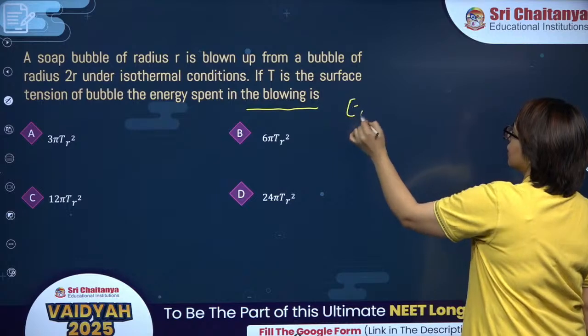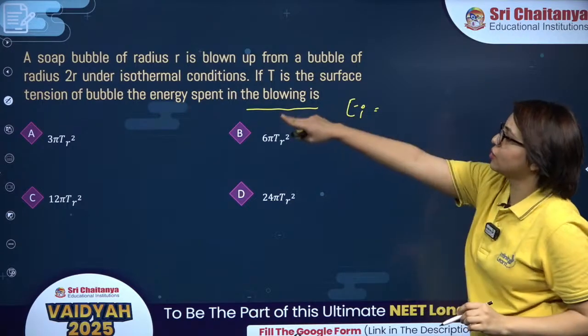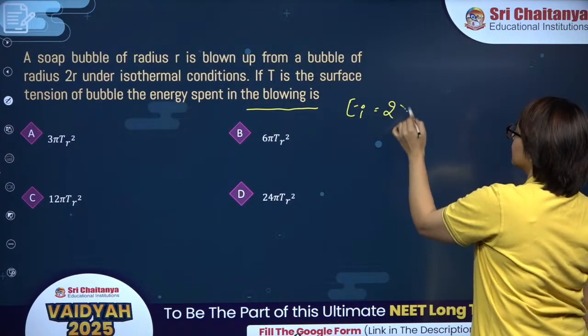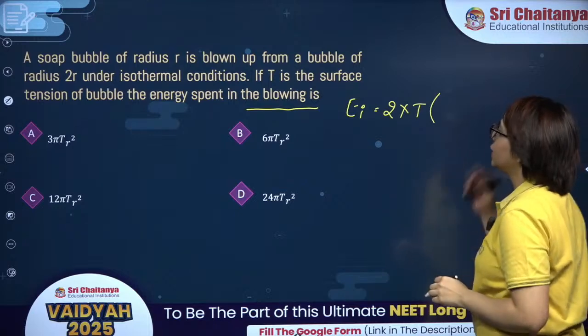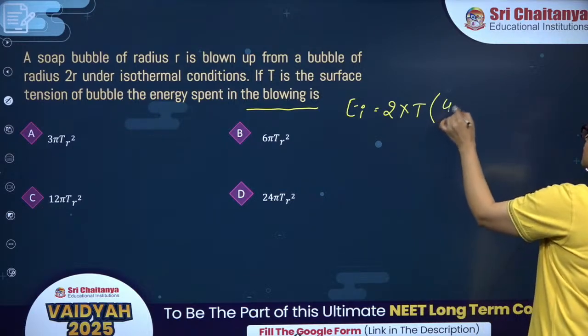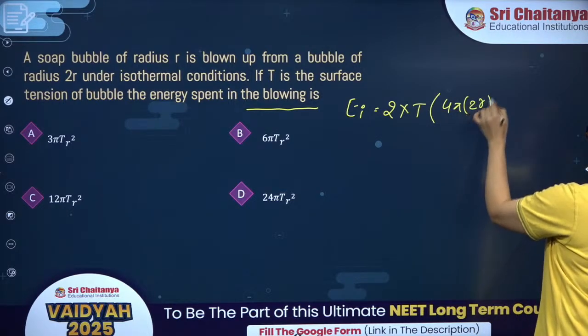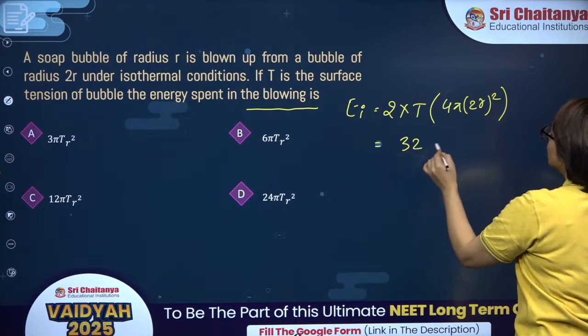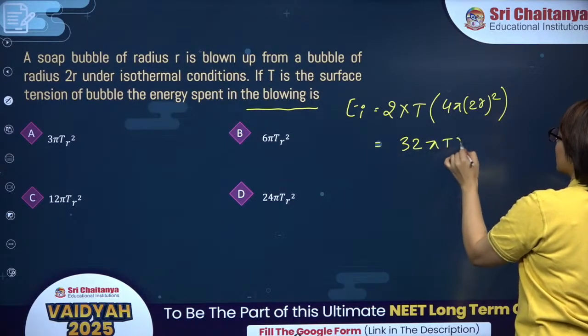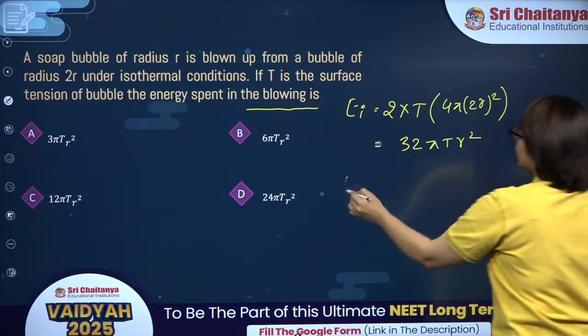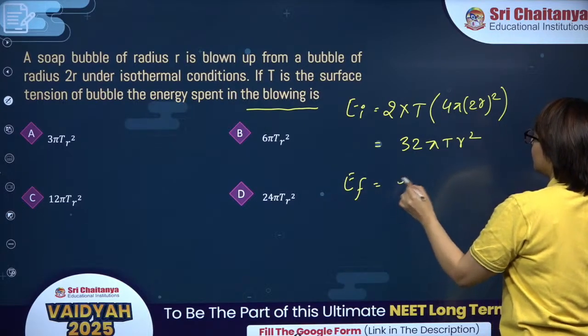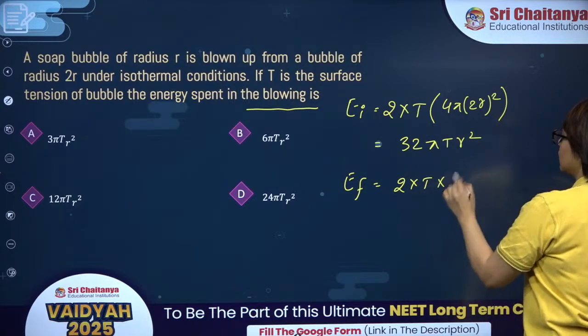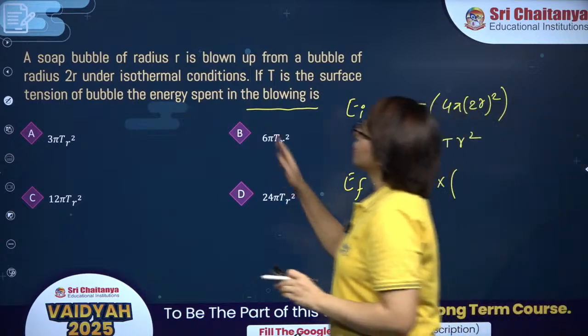Initial energy: it has radius 2r, so it will be 2 times surface tension into surface area, which is 4 pi into 2r whole square. So it will be 32 pi T r square. Final energy will be 2 times surface tension into final surface area of radius r.